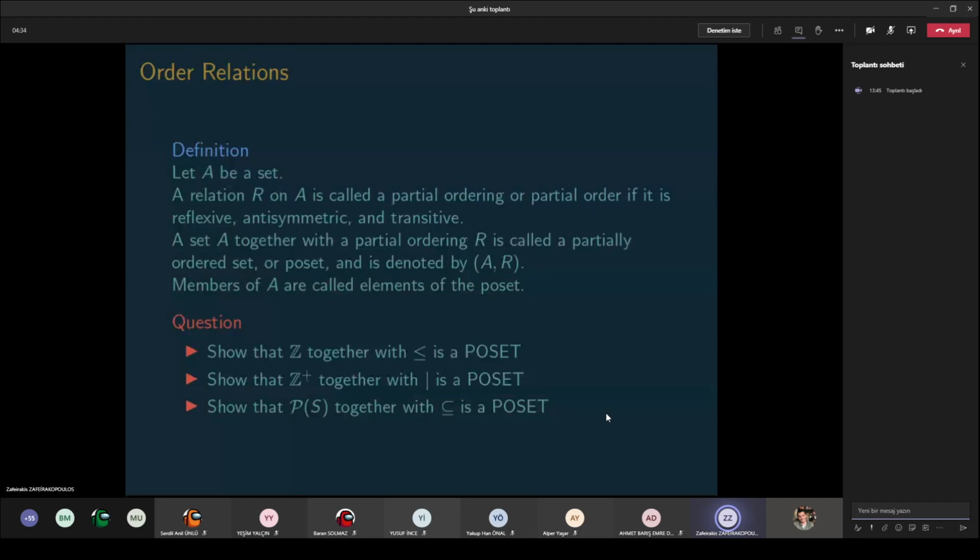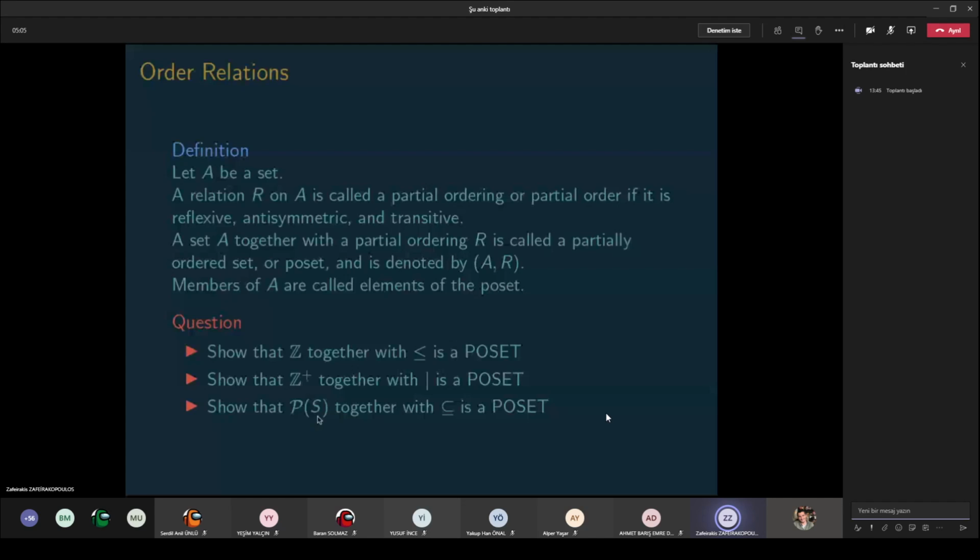Is the last one a poset? Okay, the last one is also a poset. It's one of the most famous posets, actually.